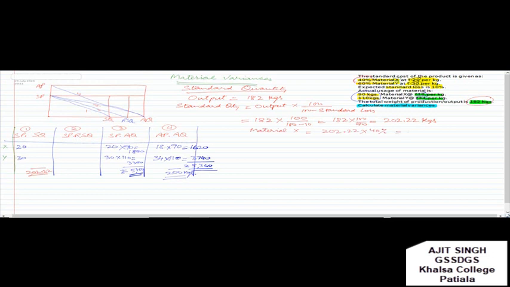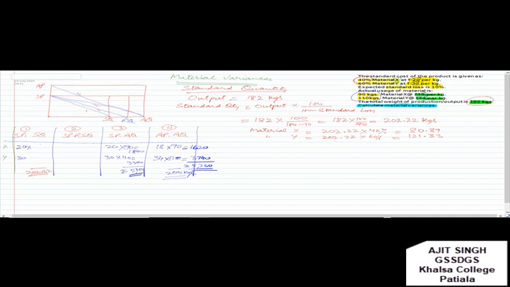It is 80.89, and for material Y it would be 202.22 into 60%. It is 121.33. This is the standard quantity.